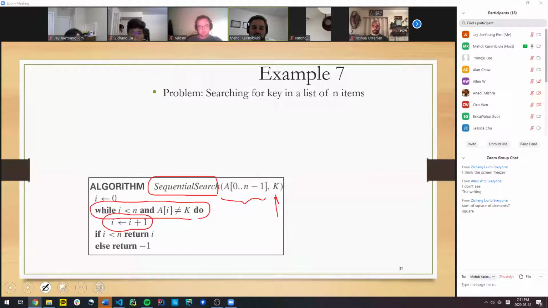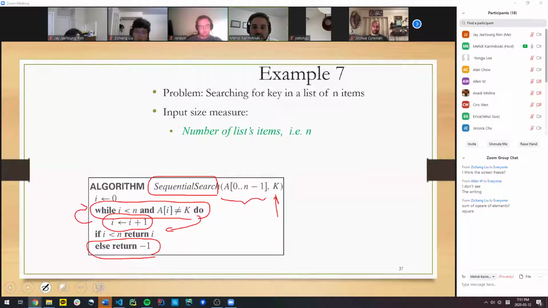While we are walking through it, if it is not the key, just keep walking until you find that A[i] is equal to the key. Otherwise, you return -1. That's what's happening here. The input size is n elements, because the array size is n.